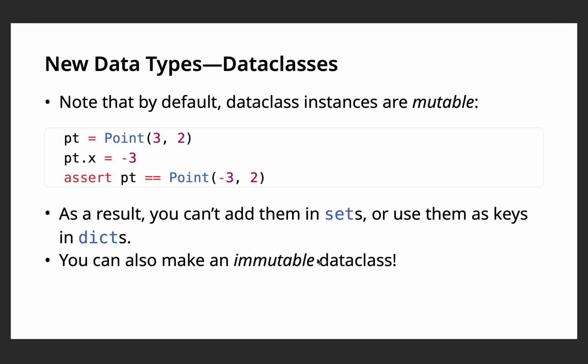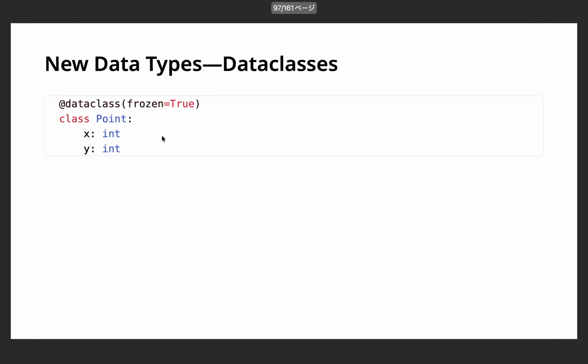Well, for that, you just have to make the data class immutable. And the way you do that is, after yung data class decorator, you have frozen is equal to true. This is the same kind of frozen as frozen sets. If you explicitly write this down for your data class, then all instances of that data class will now be immutable.